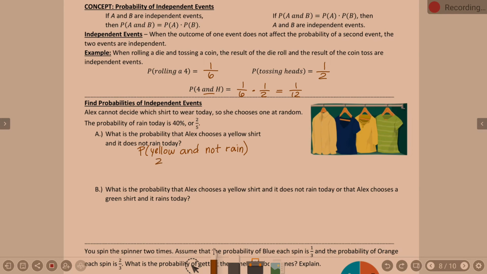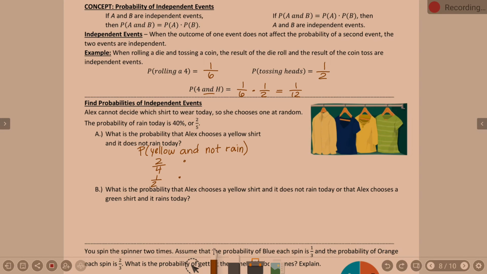So 2/4, or as Landon is saying, 1/2. Now, I can't 100% say it works, but usually when you see the word and, we're going to multiply. These are 2 independent events. First one does not affect the other, but they are one after the other.